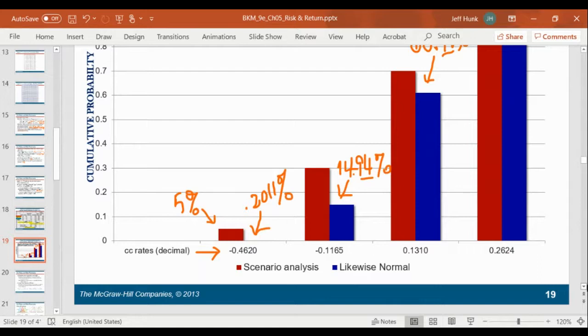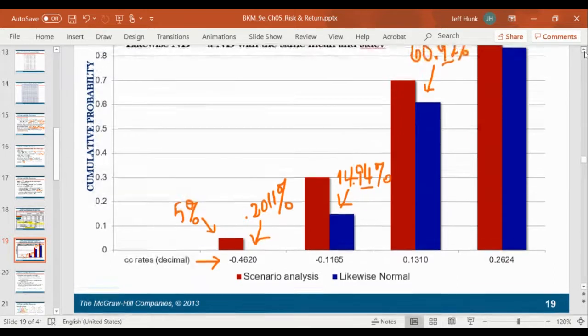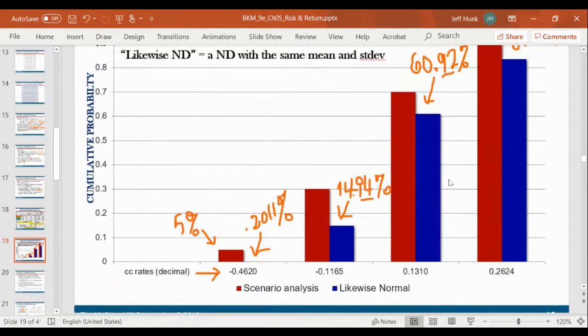Once we calculated that scenario analysis result, it's skewed to the pessimistic scenario, right? I mean, the results are more pessimistic than what it would have been in a lognormal distribution.